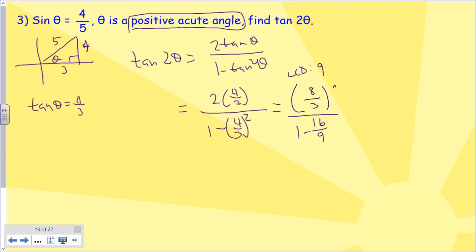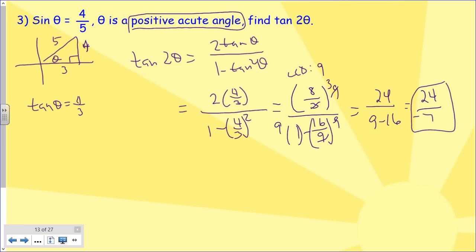So multiply every part by 9. 3 cancels with 9, becomes a 3. So I have 24 over 9 minus 16. 9 minus 16 is negative 7. So it's a negative 24/7 for our answer.